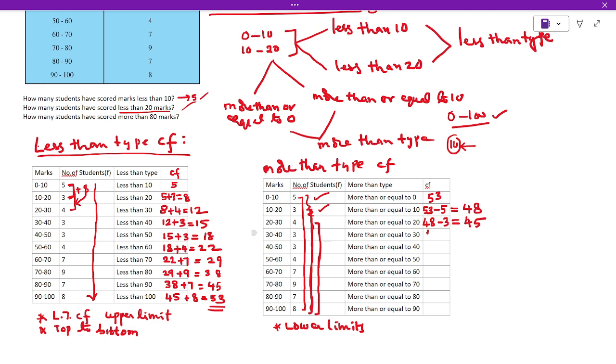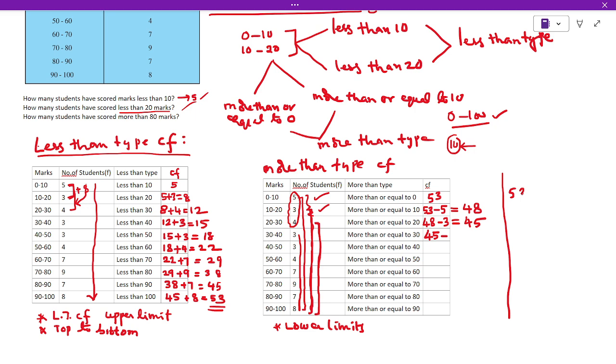And similarly from this 45, more than or equal to 30, so I want only the number of students from here to here, right? So I don't want these three numbers, right? The basic understanding is very simple.